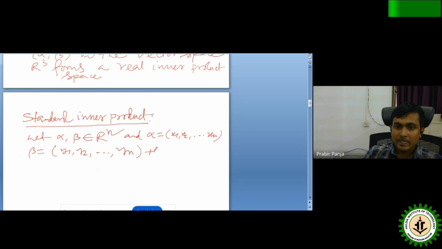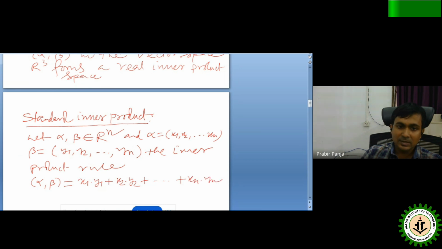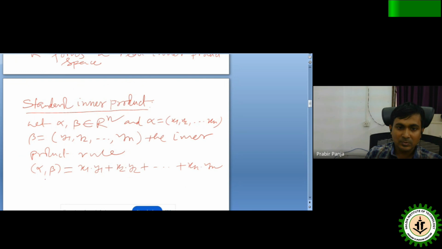Now, if we define the inner product rule this way: alpha beta equal to x1 into y1 plus x2 into y2 plus dot dot in this way xn into yn, then that inner product alpha beta is called the standard inner product.